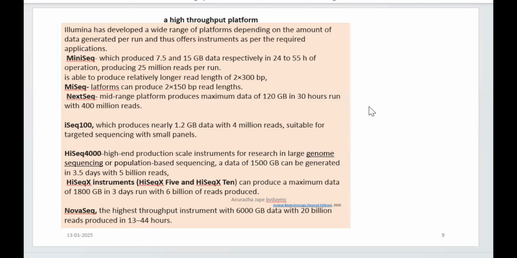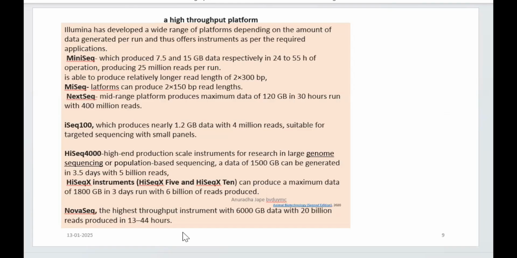Now, when I say the next generation sequencing method, what are the different models that are available? So these are the names of different models like MiniSeq, MiSeq, NextSeq, iSeq, HiSeq, HiSeq X, right, and NovaSeq. So NovaSeq is the latest and highest throughput instrument which is available.